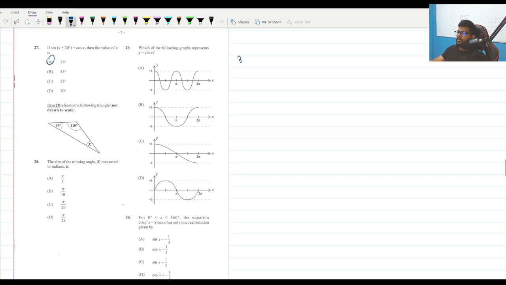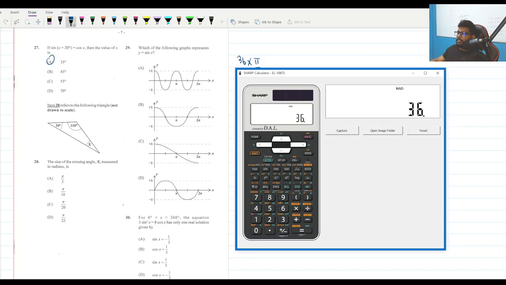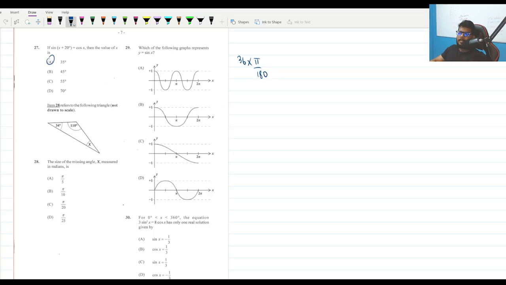So 36 degrees multiplied by pi over 180, and try and simplify the fraction. 36 over 180, yet again, 1/5. 1/5 pi. We're looking for sine x, completing 1 revolution in a period, and a period is 2 pi radians, so the answer is D.